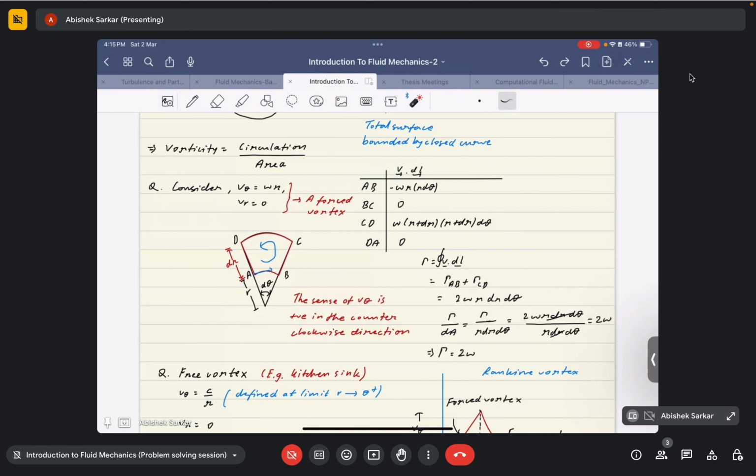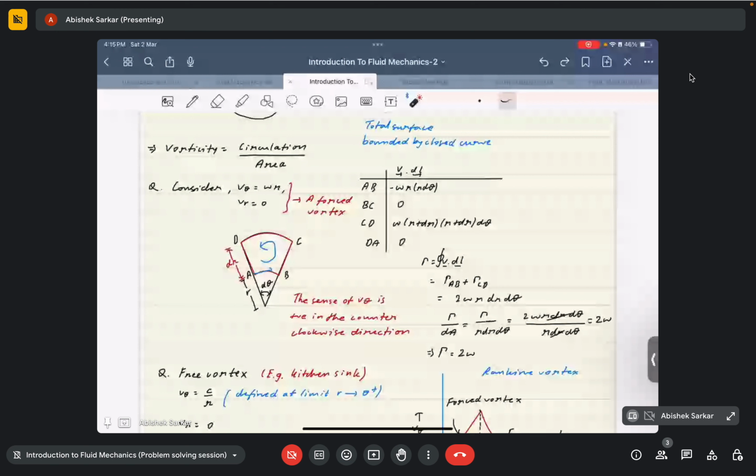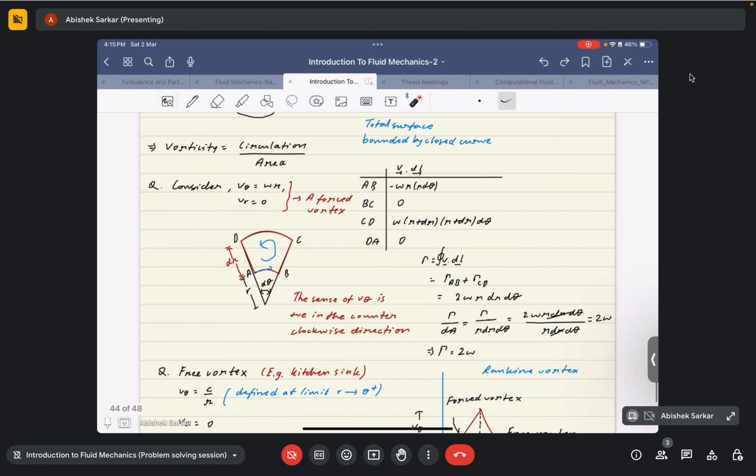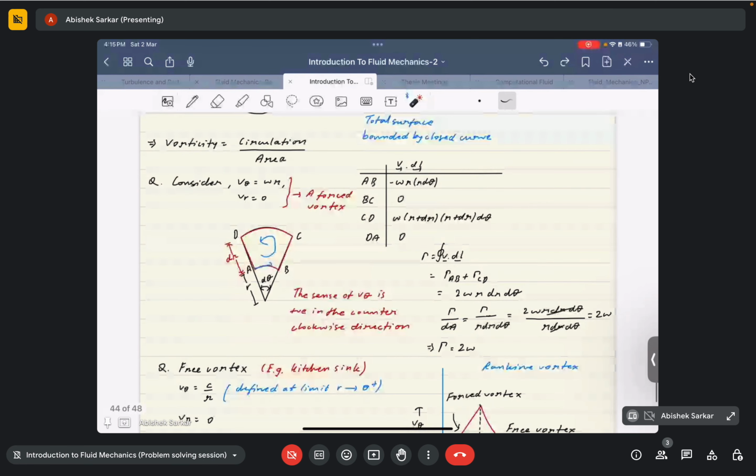Let us consider that the radial distance from the center of the circle to point A is r, the length of this element is dr, and the angle enclosed by this sector is d theta. Then the arc length AB would be given by r d theta, right? If this is the radial distance and d theta is the angle enclosed by this sector, then the arc length AB is given by r d theta.